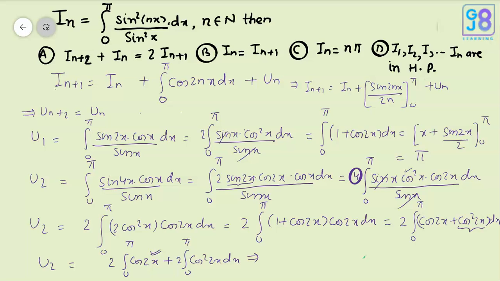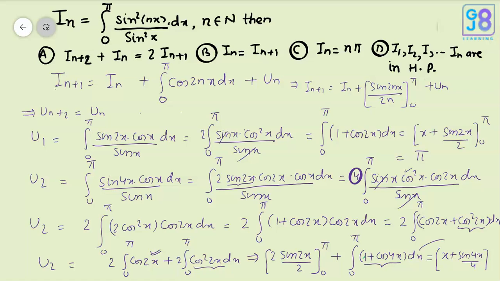So let us first integrate this, 0 to pi cos 2x, so that becomes 2 sine 2x by 2 from 0 to pi, and the second term will become integral of 1 plus cos 4x dx, and the limit will be from 0 to pi. So if we integrate the last integral, 1 plus cos 4x, this will give me x plus sine 4x by 4 with the limit from 0 to pi. So if we do all the substitutions of the limits, my final answer will be that u2 is simply equal to pi.